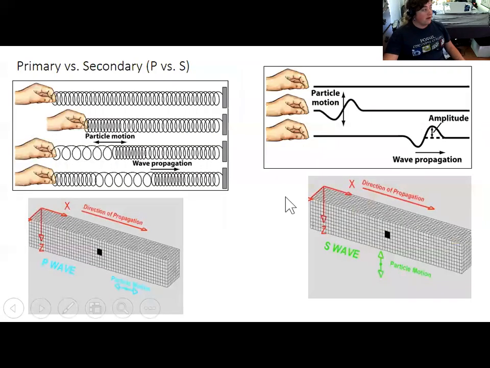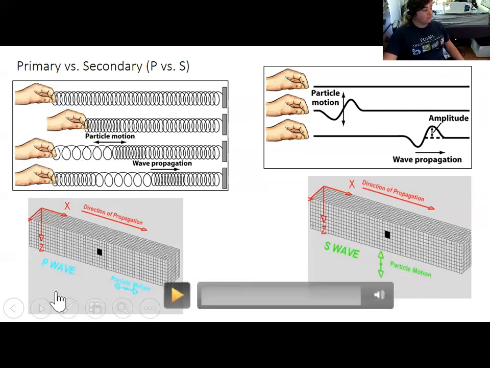So to show you what I mean, a slinky being pulled in and out actually involves a type of wave. It involves energy being moved around. The slinky is being pulled left and right, and the wave is propagating to the right. That is parallel to the direction of the particle movement. And you can kind of see that occurring with the animation here.